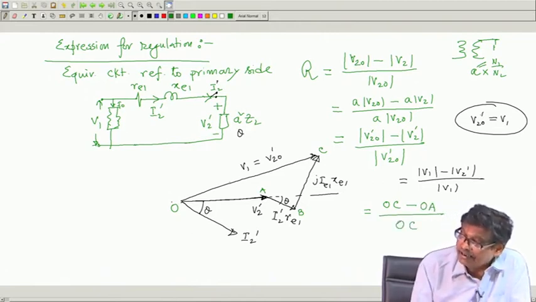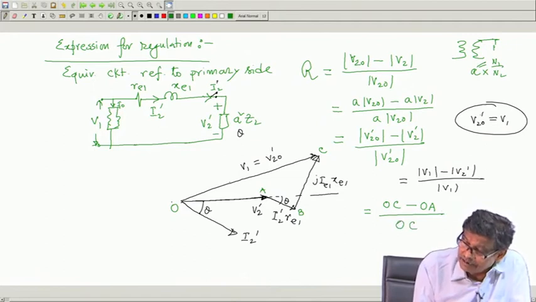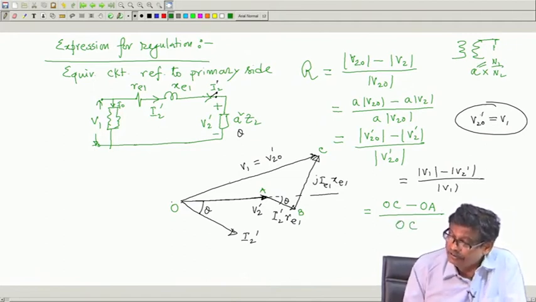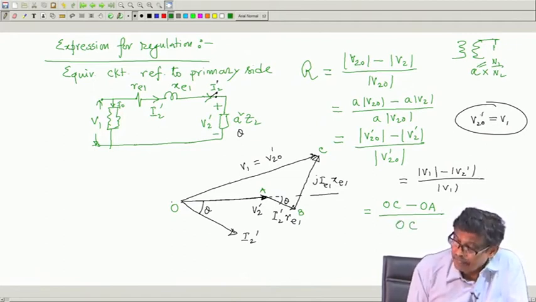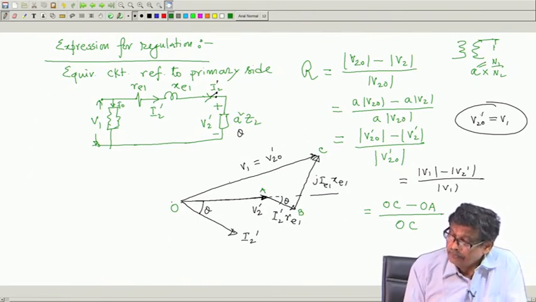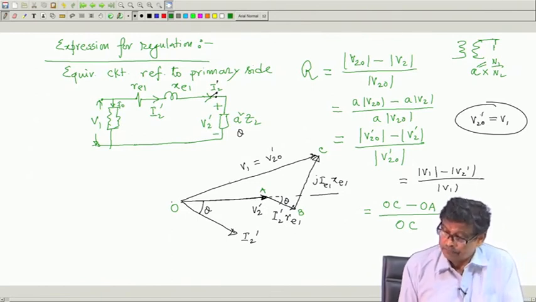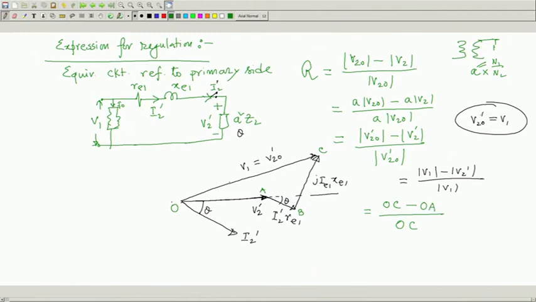Now, I am writing length, this length minus OA divided by OC, this will be regulation. Clear? So it will be like this. Okay, in this page let it be a bit dirty, but you will be continuing without any disruption, that okay, this I have to find out.